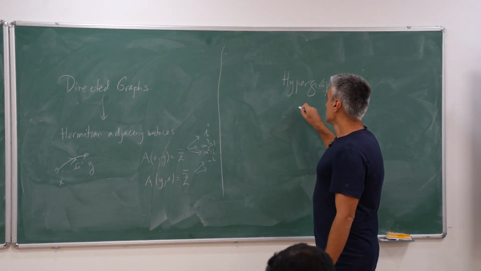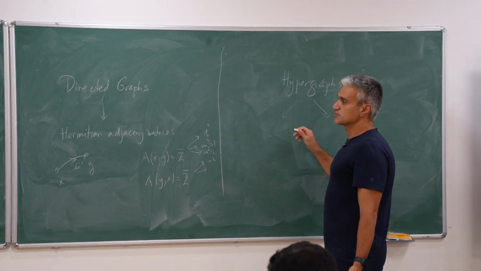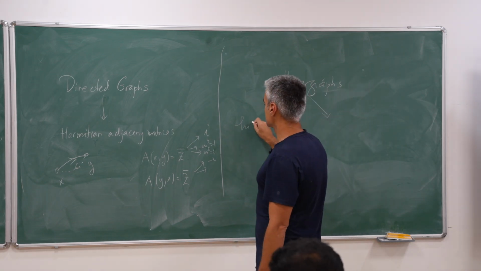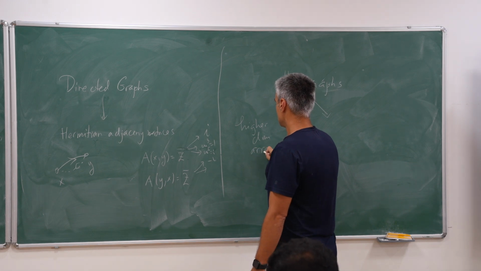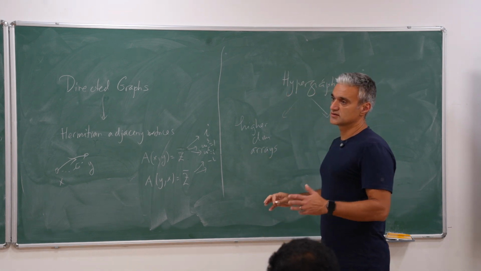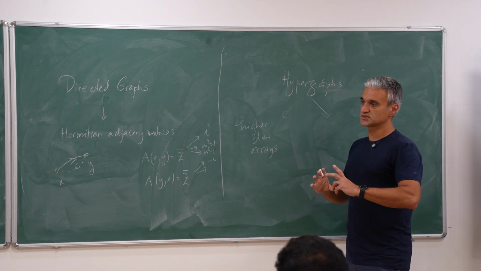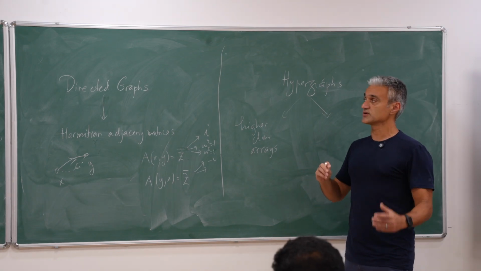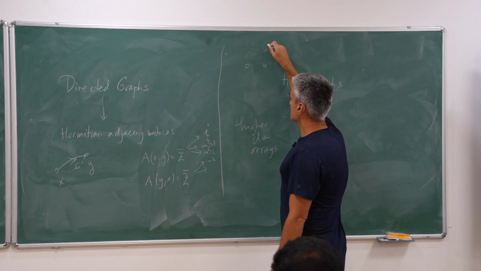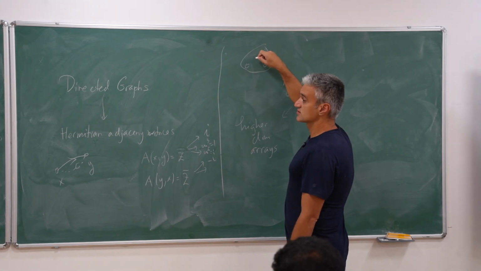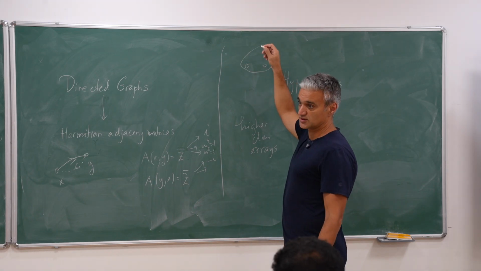Now, there are various approaches. Some people study higher dimensional arrays. Instead of looking at the matrix, which is kind of a two-dimensional thing, if you have a hypergraph, for those of you that don't know, in a hypergraph you may have things like triples in an edge, not just pairs.